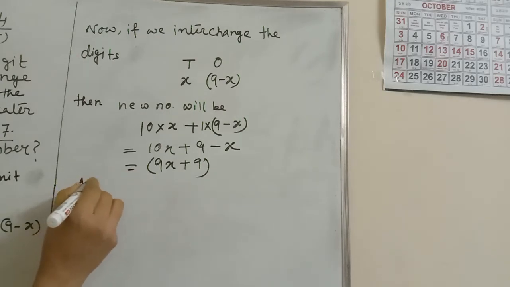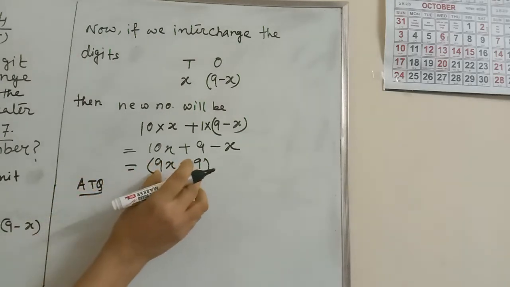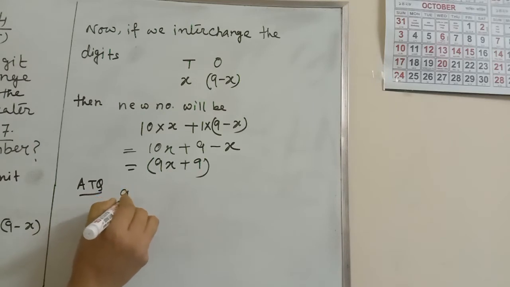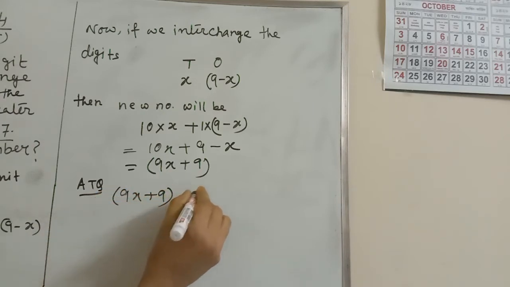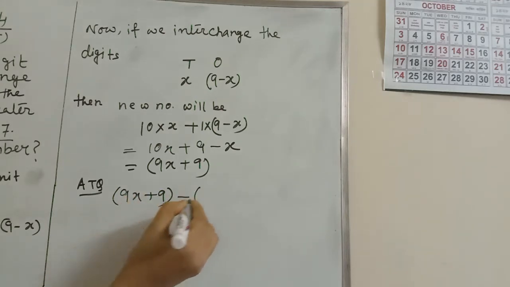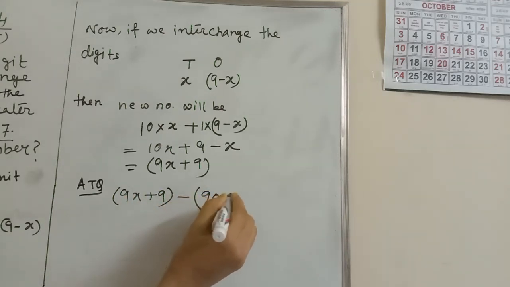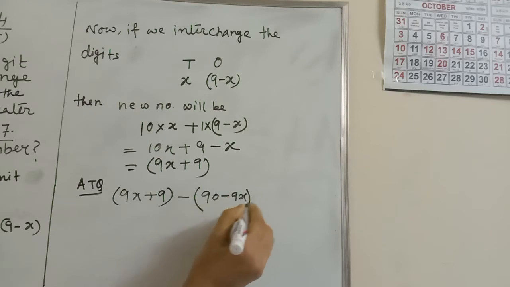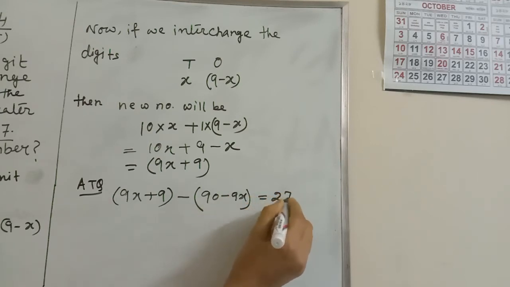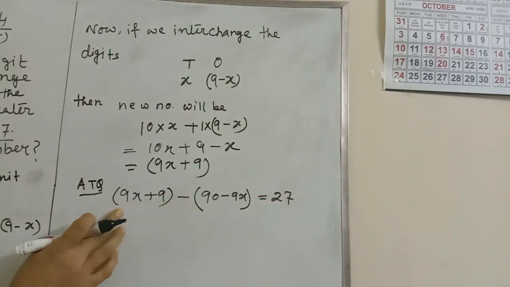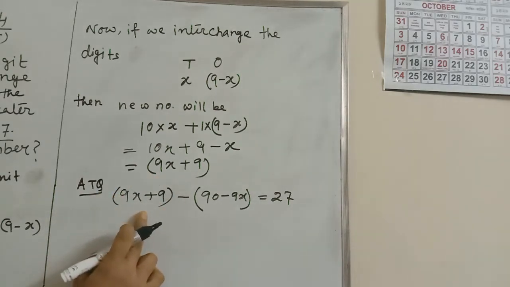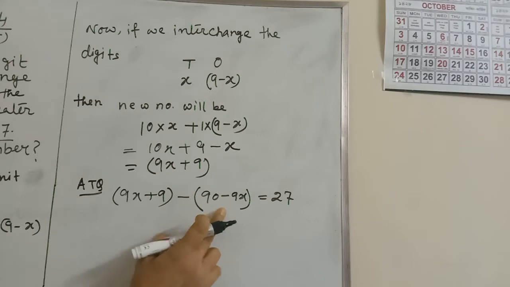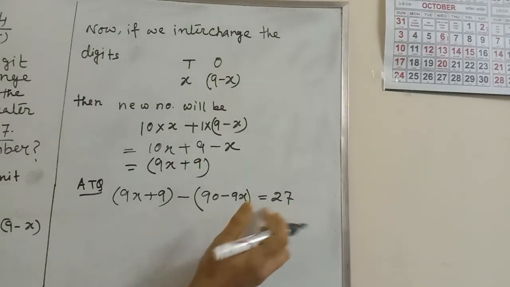So can I write, according to the question, the new number, that is 9x plus 9, is greater than the original number, 90 minus 9x, by 27. That means the difference between these two numbers, the new number which we get by interchanging the digits and the original number, is 27.